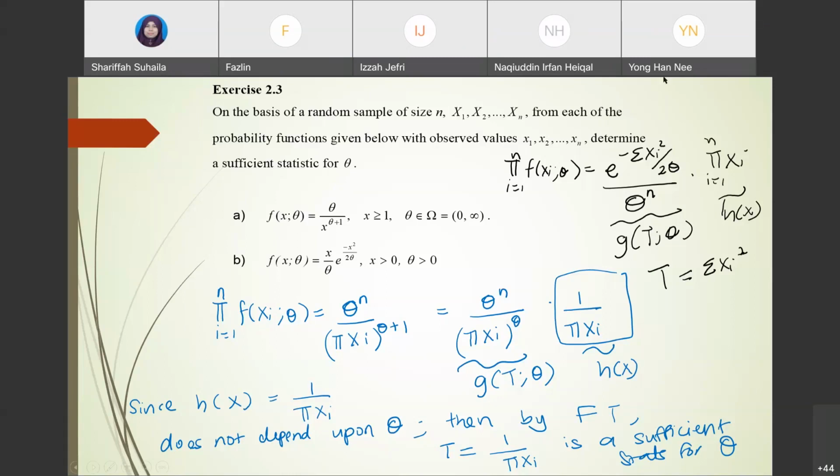Sebab kadang-kadang you all punya ni dah betul, cuma cara you all tulis T tu tak kena. Okay? So kalau ini kita tak ambil semua, kita ambil T equals summation xi square saja. Okay? Tapi let's say lah if you want to take T equals summation xi square over 2 pun diterima jugalah. Okay? Sebab 2 tu constant, tak ada apa-apa. Okay? Jangan tulis 2 theta sudah. Okay? So T equals summation xi square in this case.